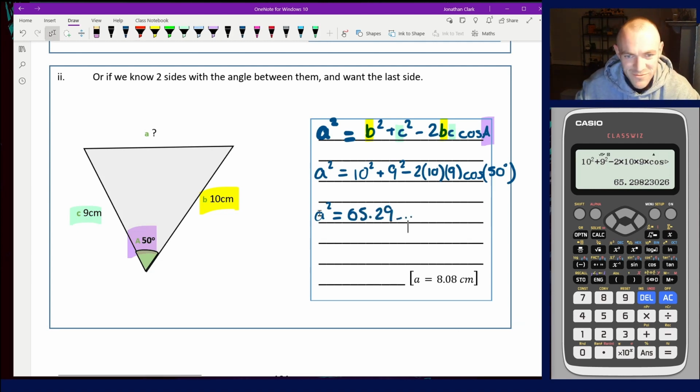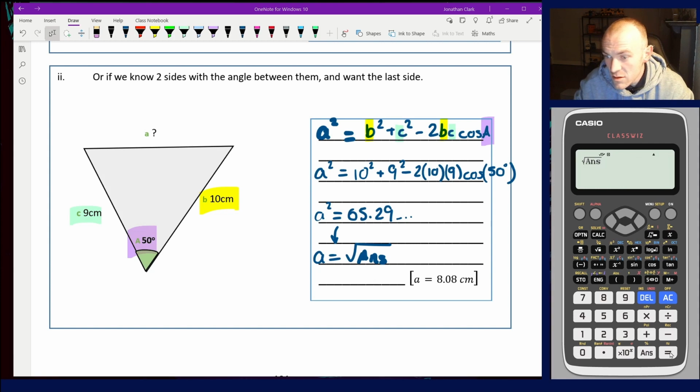Doesn't sound plausible for a triangle side, because that's a squared. To get the value of a, I'm going to need to square root it. On the calculator, I'll just type in square root of the answer. And that is going to give me a value of 8.08, sorry.